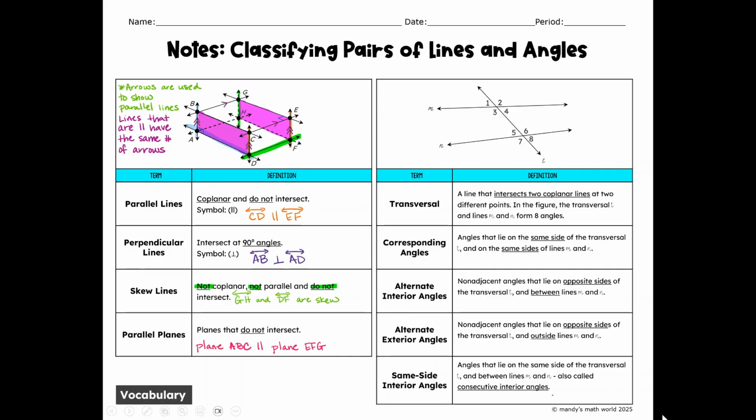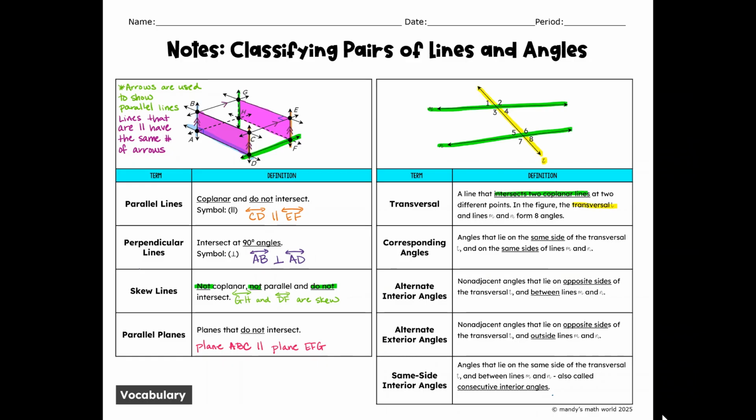So let's talk about the first vocabulary term, a transversal. A transversal is a line that intersects two coplanar lines at 2 different points. In the figure, the transversal T and lines M and N form 8 angles.